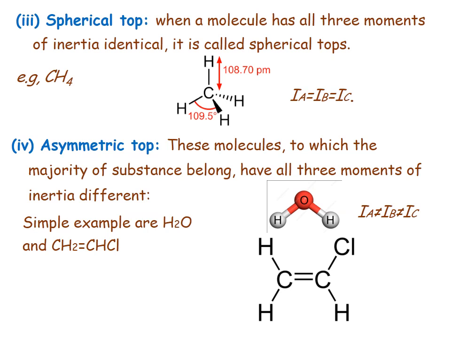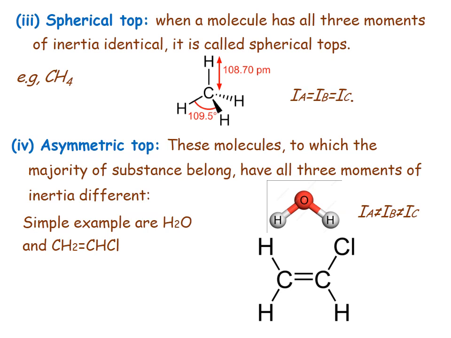Then comes the fourth type of molecule, the asymmetric top molecule. Asymmetric means it is not symmetric. The majority of substances belong to this type of molecule. In this type, all three moments of inertia are different.